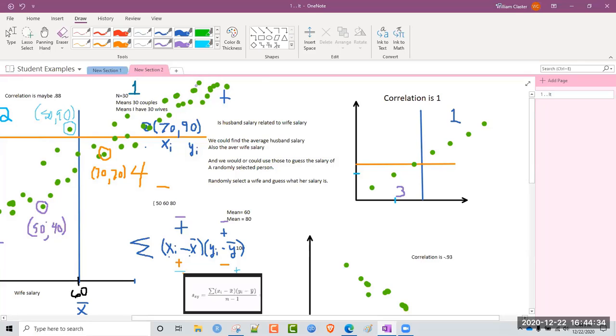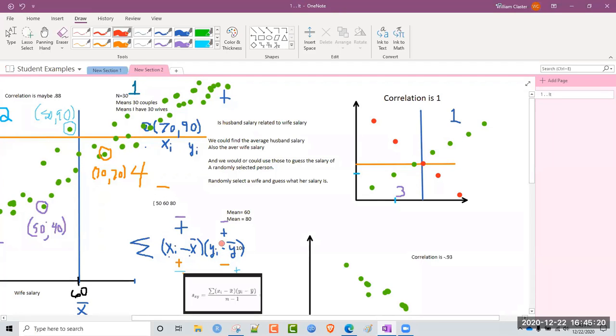Now, what if the dots weren't like that, but they were like this? For the red dots, if we had data distributed like the red dots, what would the contributions be, positive or negative? Negative. They would only give negatives. So when I do this sum for the green dots, I'm going to get all positive numbers in here.